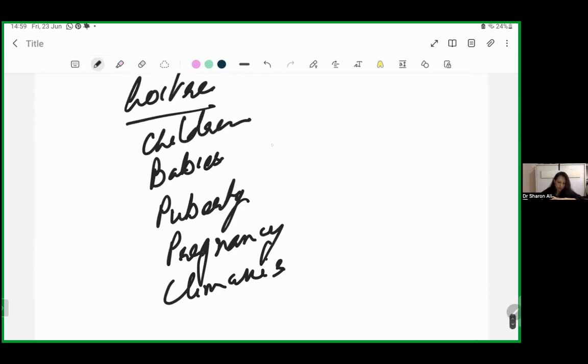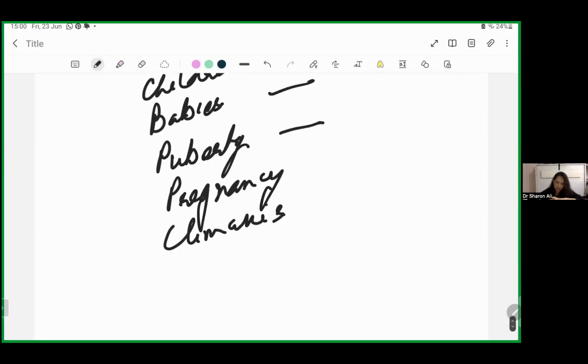So you have here baryta carb and nitric acid. In puberty, you have calcarea iode and thyroidinum. In pregnancy, also you have thyroidinum and calcarea iode. In climaxes, I think ferrum iode is there. I know that. And now I don't remember. There's some more.